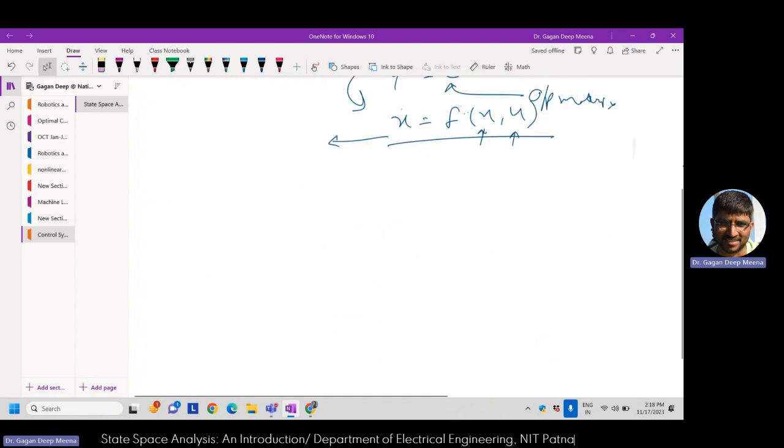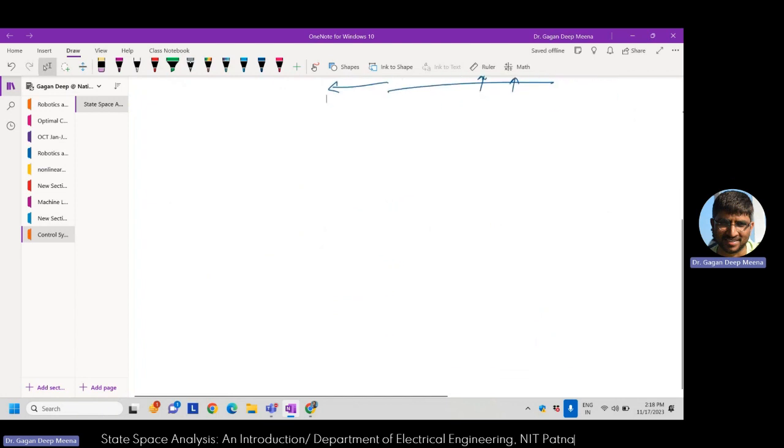So the state space approach is very much wider if we think about it, and if we use it for our analysis of different types of control systems. So how do we see this approach in general by a small pictorial representation?